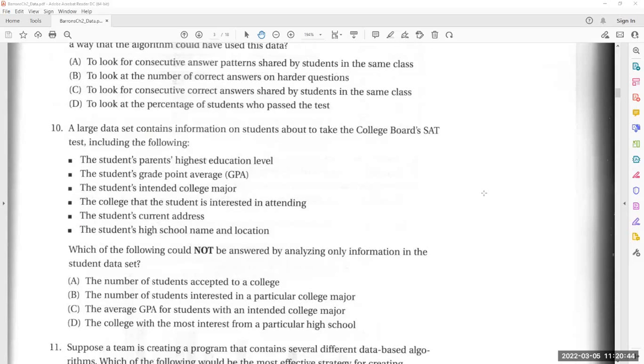Is it A? Okay, so this one again is that the information doesn't have it. Let's look at what information they have: students' highest grade, parents' highest education level, GPA, intended college. Intended college may be computer science, but that's only intended.